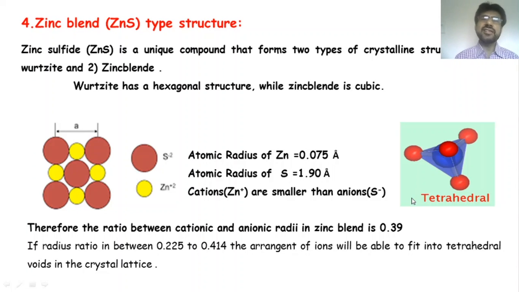Zinc sulfide is also an inorganic compound having two types of structures. One is wurtzite and the second one is the zinc blende. Wurtzite has a hexagonal structure while the zinc blende is a cubic type of structure. And here we are going to discuss only the cubic type of structure.